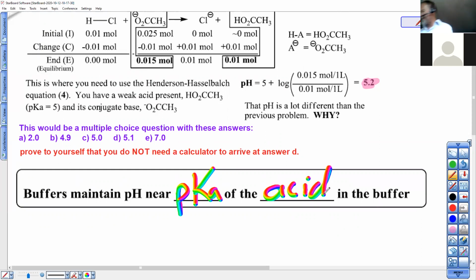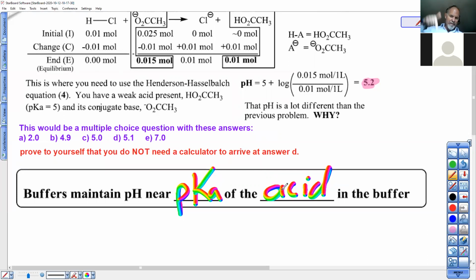Fact. Okay. It will either be right on pKa, in which case you have an ideal buffer with equal amounts of acid and base, or it will be a little above pKa, which means you have more base than acid. What do bases do? They raise pH. Or the pH will be just a little below pKa. That would be if you had more of the acid.